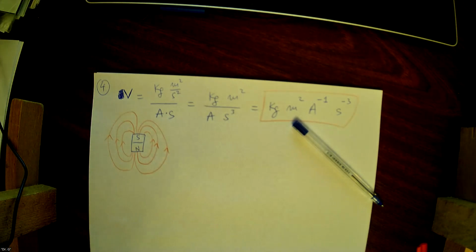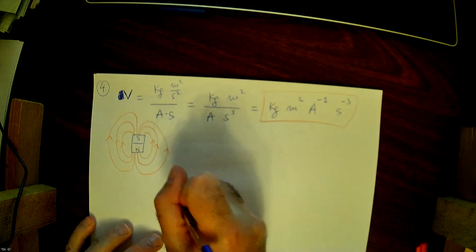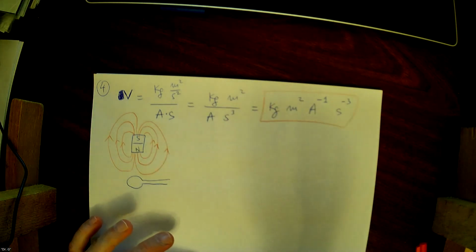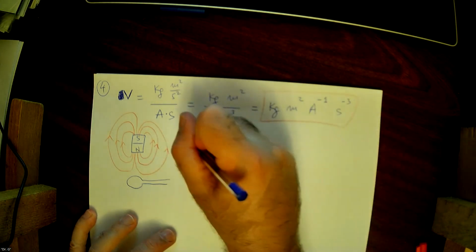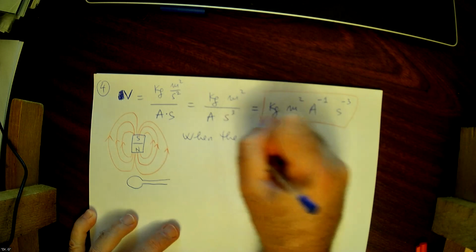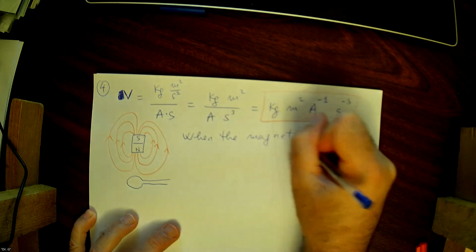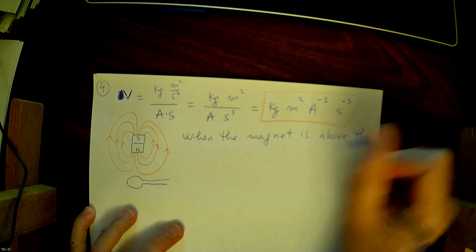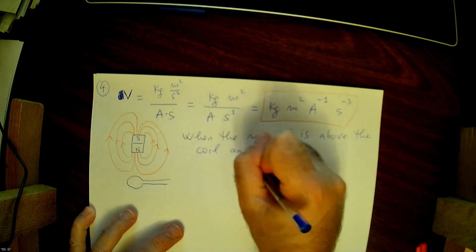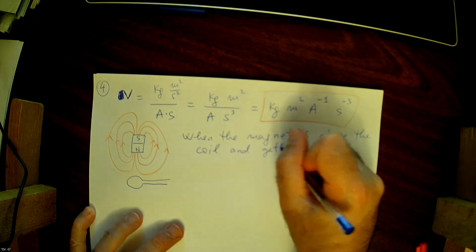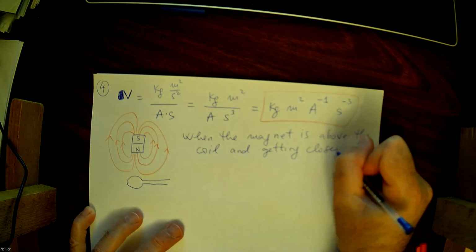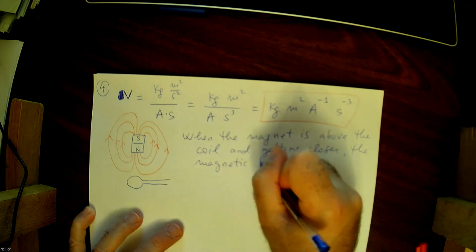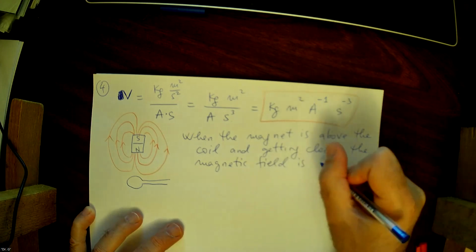And when the magnet is above the coil and getting closer, the magnetic field is increasing.